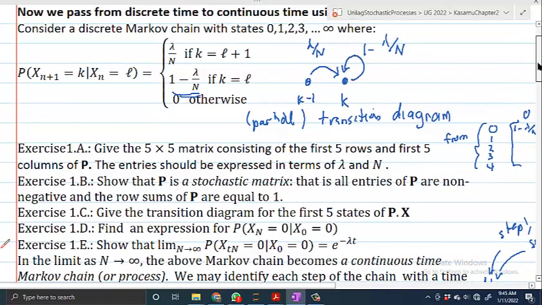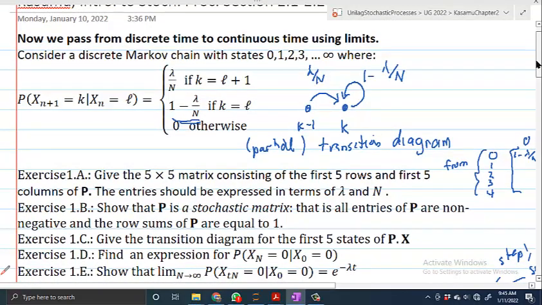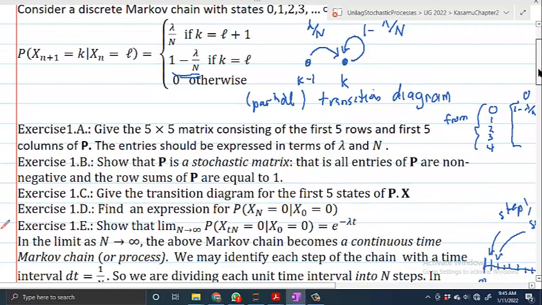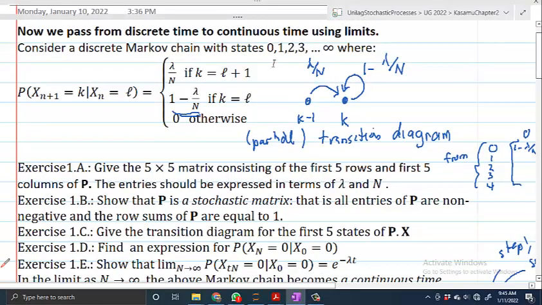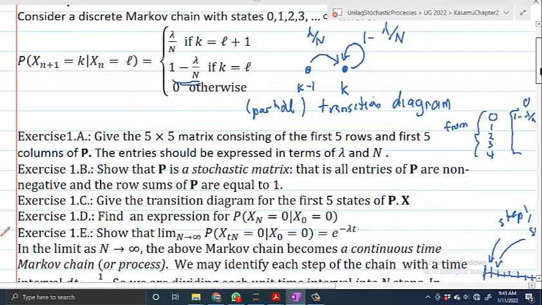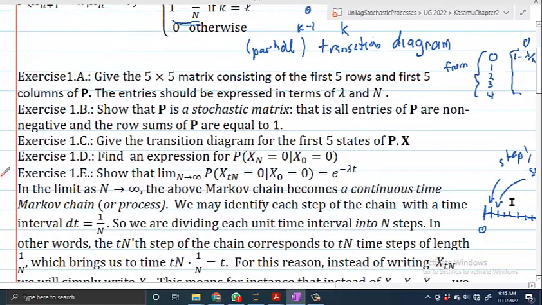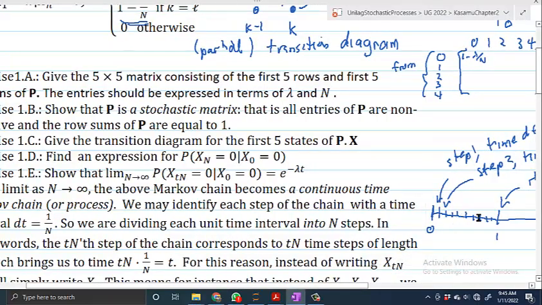Okay? So briefly to review the previous video, we introduced a Markov process with continuous time and discrete states. The continuous time was implemented by making the transitions occur not at integers, but at small time steps. So here we have the small time steps. In a unit time, we have capital N time steps.